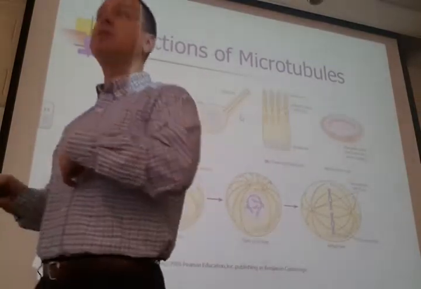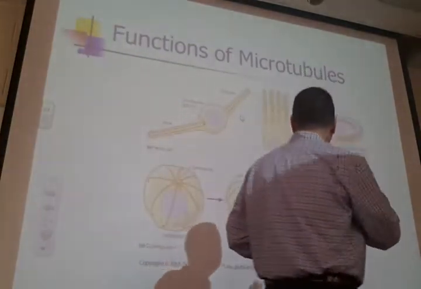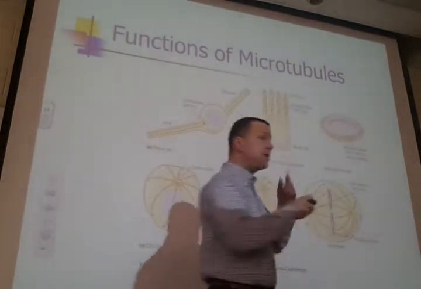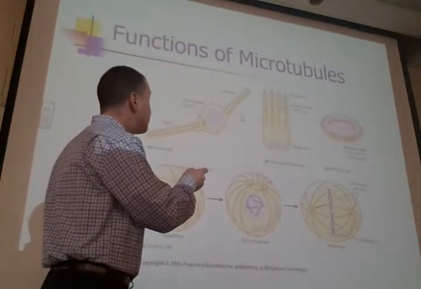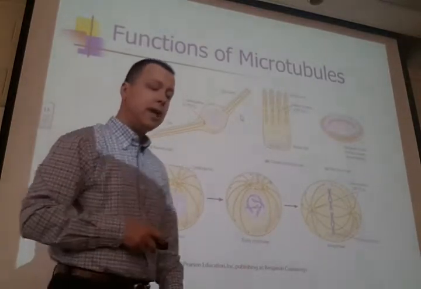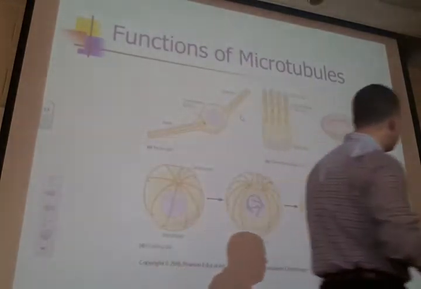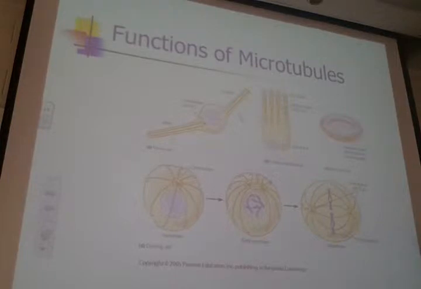These are the types of cells that line your airway, line your trachea. And the little extensions at the top, the little cilia, are maintained by microtubules. We'll take a more close look at cilia and flagella in a little bit.